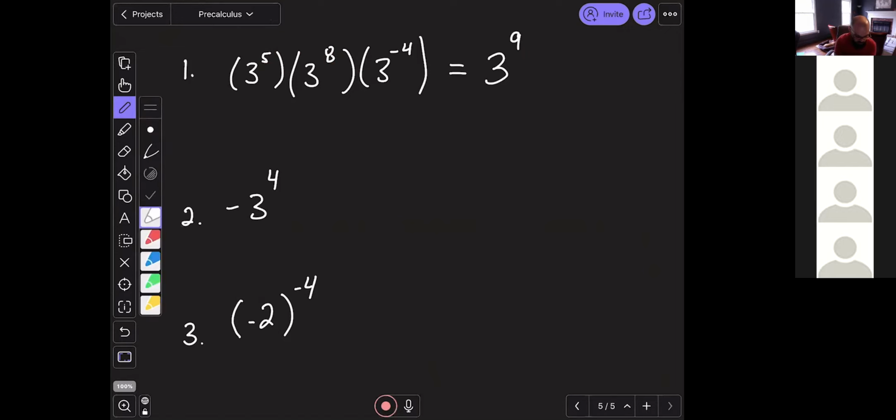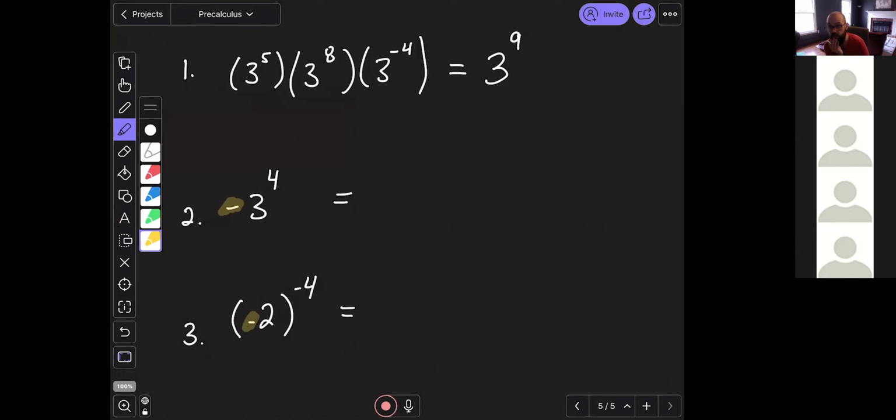Now, these next two are particularly tricky because one of them is going to give you a negative number answer, and one of them is going to give you a positive number answer. So when you look at this right here, see how you have this negative sign, the two things that I want to point out to you, there's a difference between these two negative signs, right? One of them is in parentheses, and one of them isn't.